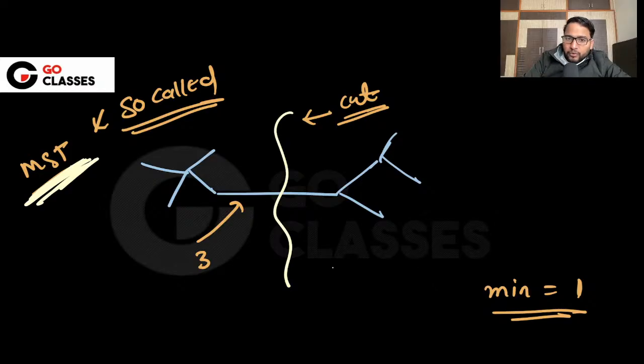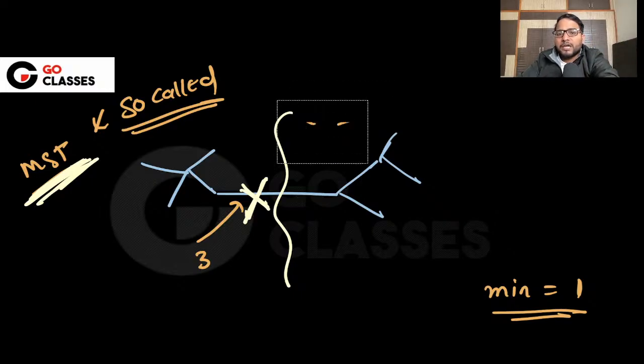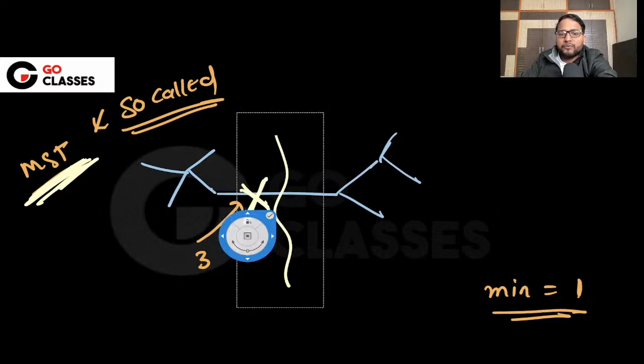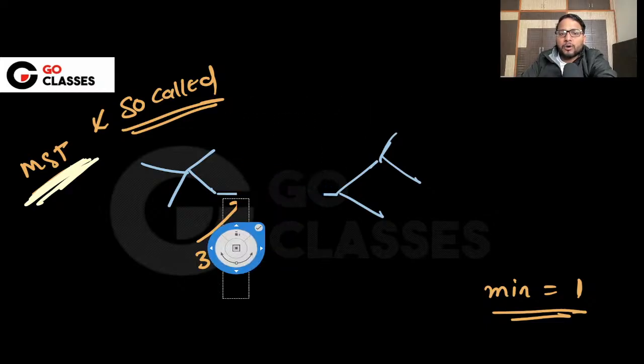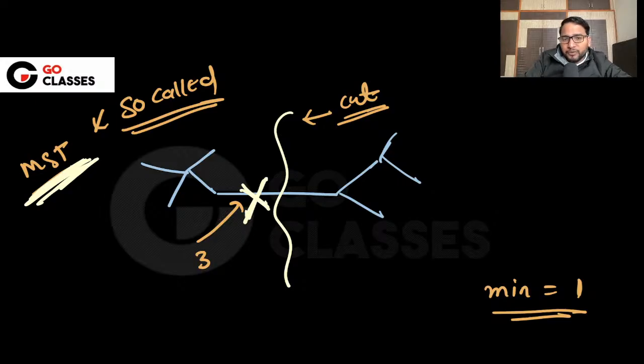See what you can do. You can remove this, then these two will be disconnected, isn't it? Since it is a spanning tree, a tree itself, if you remove any edge, there will be 2 components. For the sake of contradiction, I am saying in this cut I have not taken the minimum, I have taken something else.